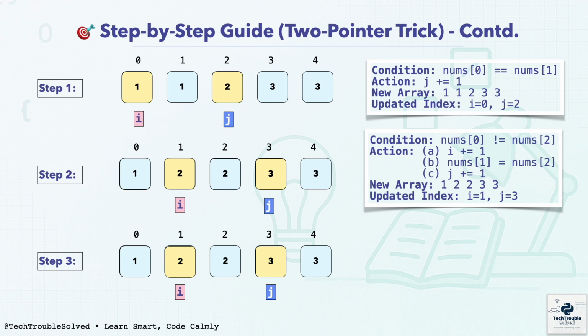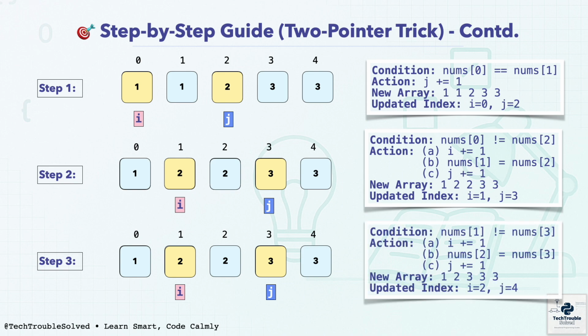We compare nums[i], which is 2, with nums[j], which is 3. They are different, so this is another new unique value. We move i forward from index 1 to index 2 and copy the value 3 into that position. Now j moves to the next index.